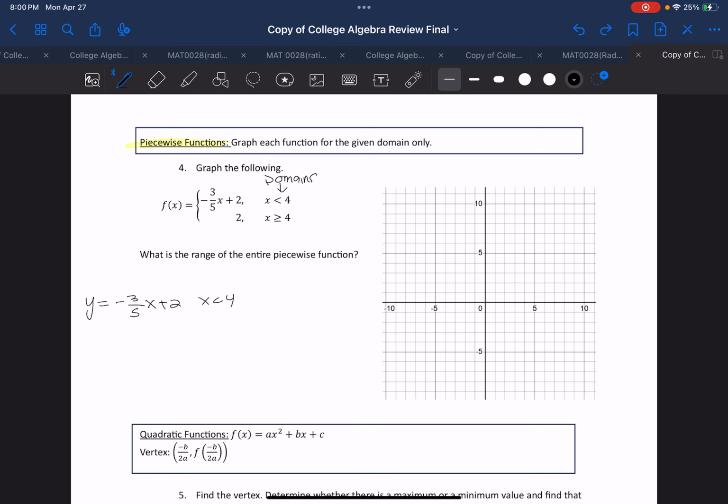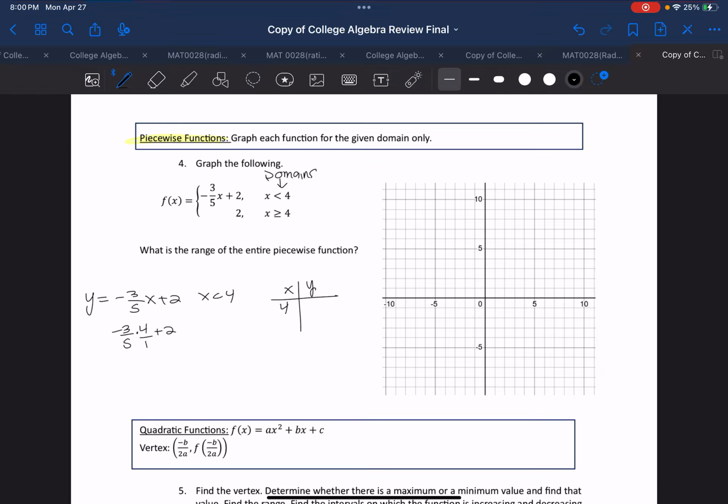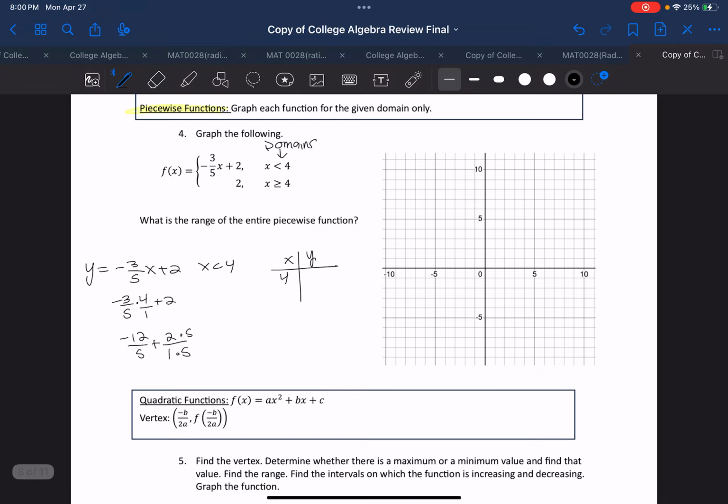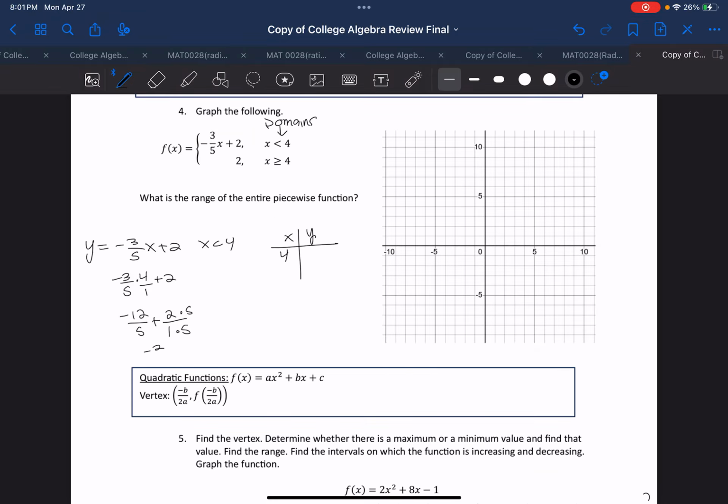So when x is 4, I get -3/5 times 4 plus 2. So that'll give me -12/5 plus 2. And I can make that a fraction, multiply by 5 to get a common denominator. So this will be equal to -2/5.